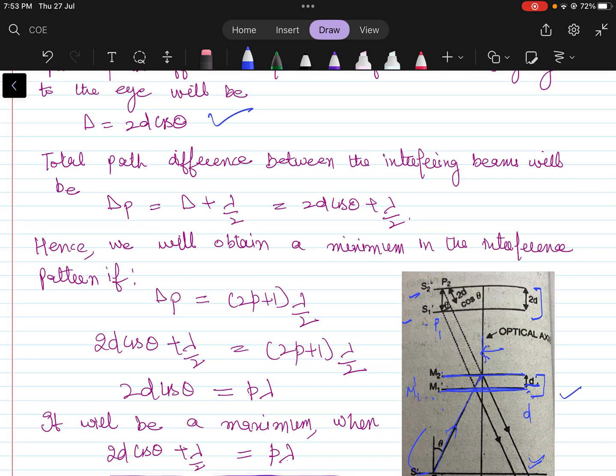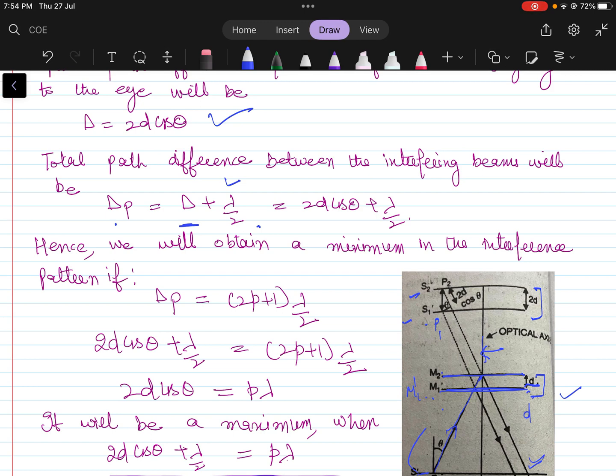Delta is equal to 2d cos theta, and the total path difference between the interfering beams will be delta p, equal to delta plus lambda by 2. We know this. Because beam 1 experiences a reflection at the denser medium from the plate GP, but the reflection of beam 2 from the GP is at the rarer medium, an additional path difference of lambda by 2 is introduced in the beam reflected from the mirror M1.